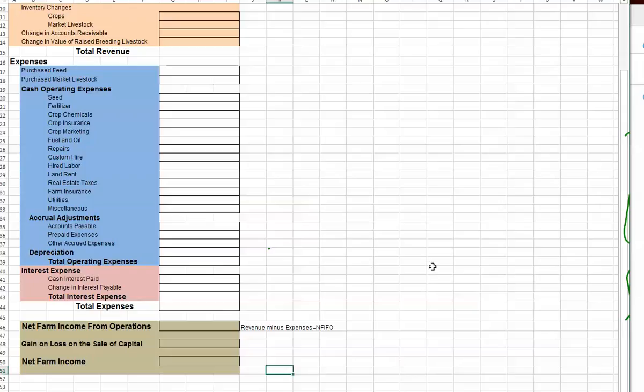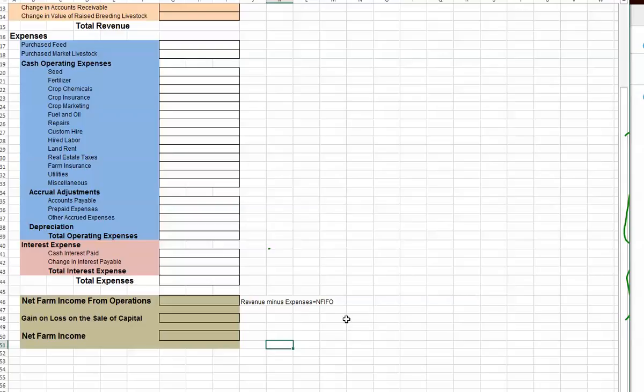Okay, well, now how can that be different from something else? Well, sometimes you sell old pieces of machinery, you sell a little land. In other words, sometimes on a farm you sell and get cash money for some of the items that are in that non-current asset section of a balance sheet. Those are not typically sold on a year-in, year-out basis.